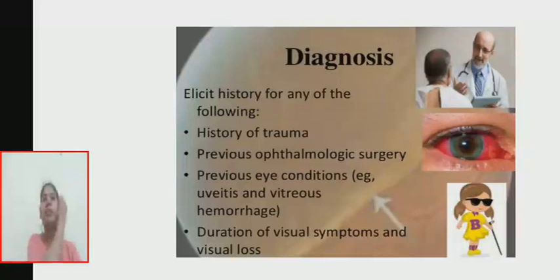Now, diagnosis. Elicit history of any of the following: trauma, previous ophthalmic surgery, previous eye conditions, for example uveitis, vitreous hemorrhages, duration of visual symptoms and visual loss.